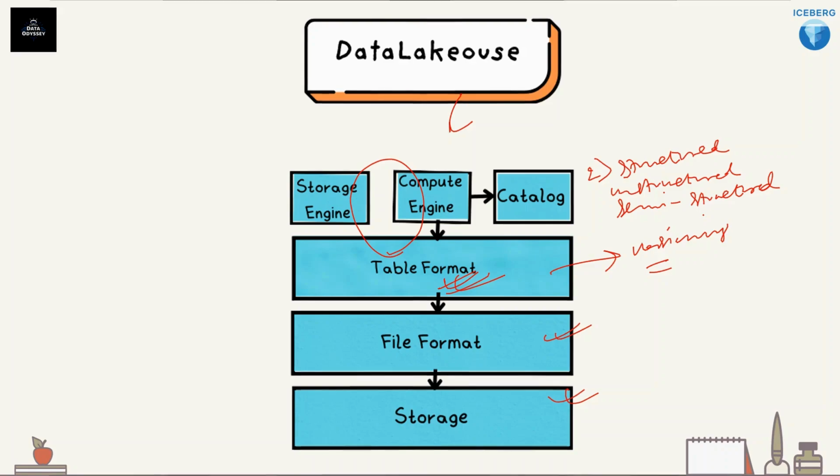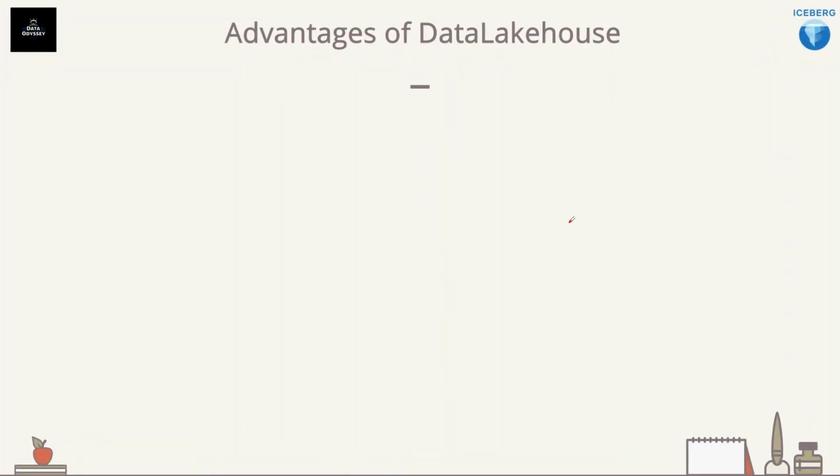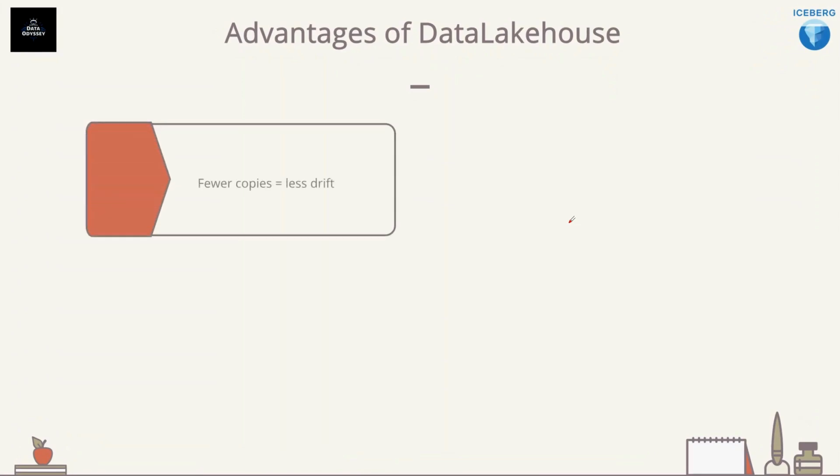All right, so in the final slide, we will just understand the advantages of data lakehouse, right? So, fewer copies equal to lesser drift. What does it mean? Basically, prior to the evolution of data lakehouse, the data lakes were there, right? So data lake could store larger chunks of data.